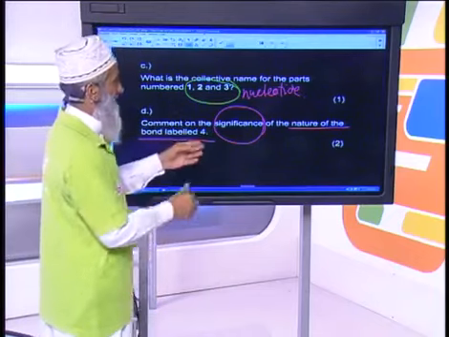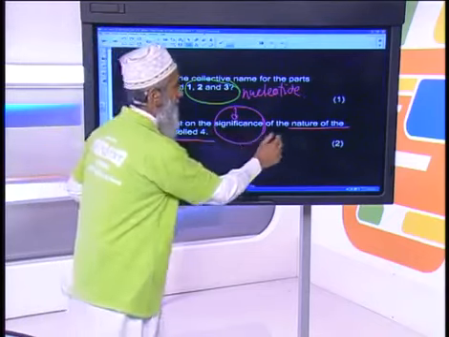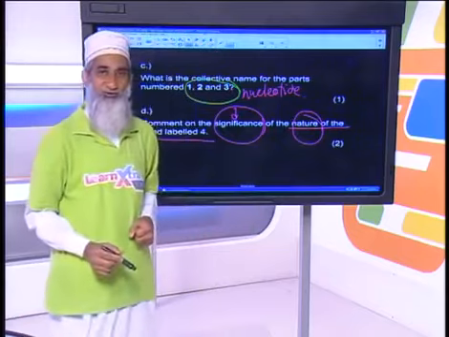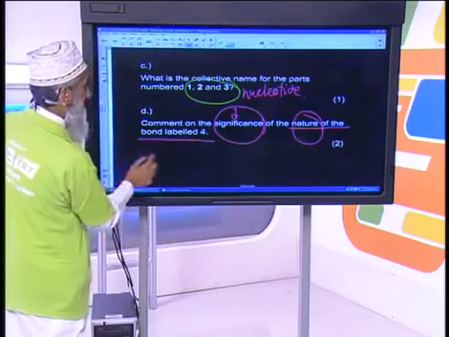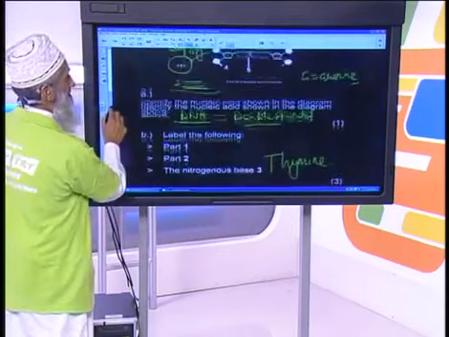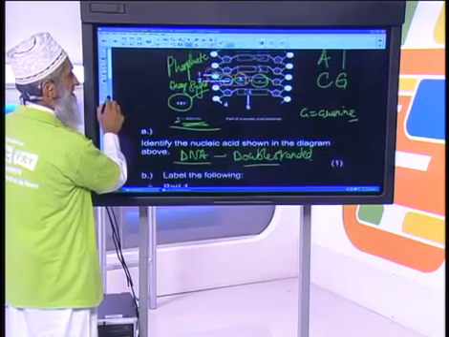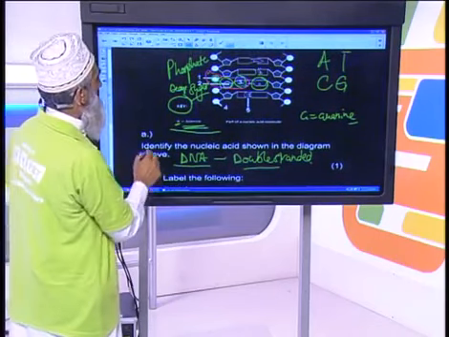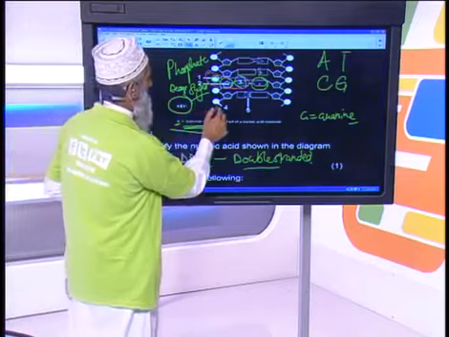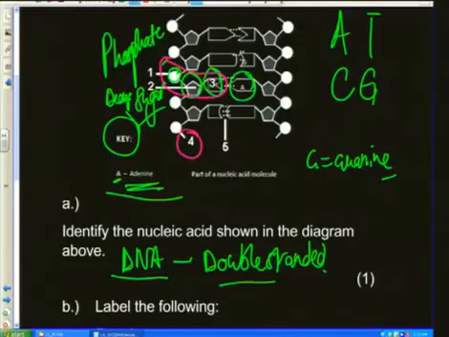So you can't comment on the significance if you don't know the nature of the bond. Let's go back to our diagram. The bond labeled 4, not James Bond 007, the bond labeled 4. Oops, for some reason the label line is in the wrong place, so it should be labeled 5 in this case here. So we're talking about the bonds there, all these bonds, the bonds between the.